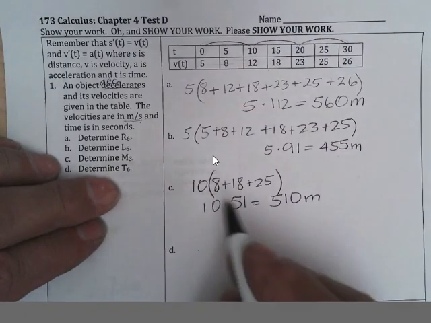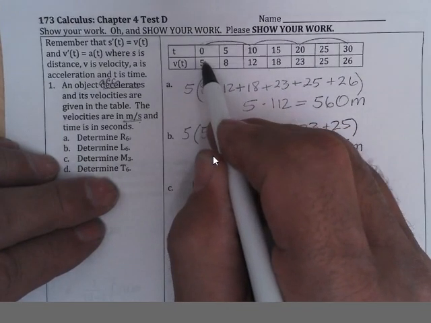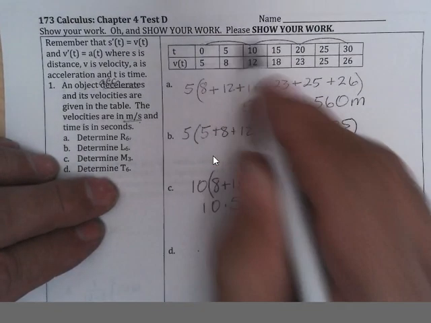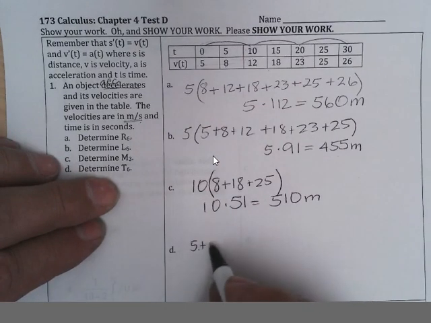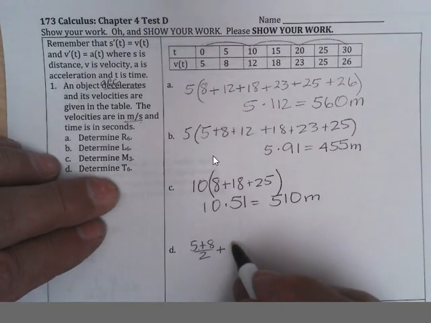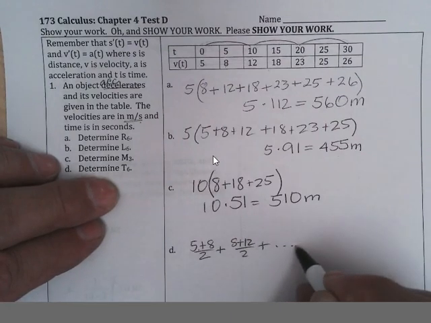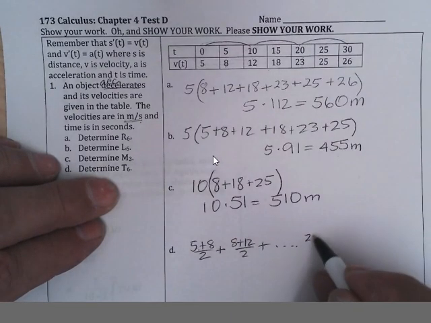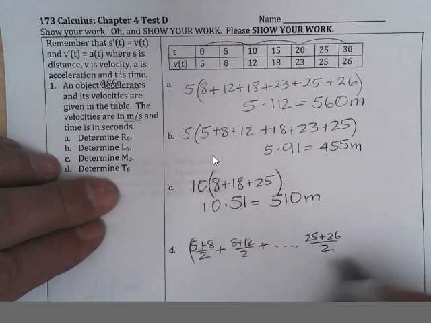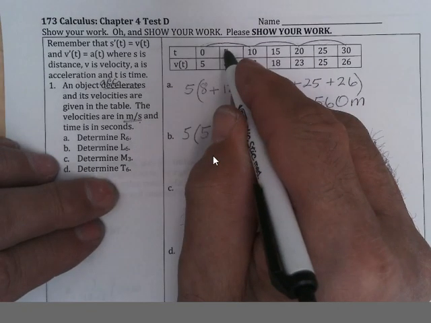And last, T6. Now T6, we're doing trapezoid. So we're doing 5 plus 8 divided by 2, plus 8 plus 12 divided by 2, plus, and so on, up to 25 plus 26 divided by 2. And each one of those would be 5 wide.